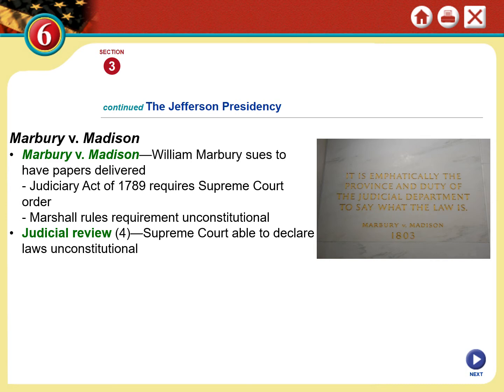In fact, it not only created the Supreme Court, it established the specific duties of the Supreme Court. And so John Marshall, Chief Justice of the Supreme Court, ruled that this requirement to have these papers delivered was in fact unconstitutional. That you can't just do that on your last day of office.